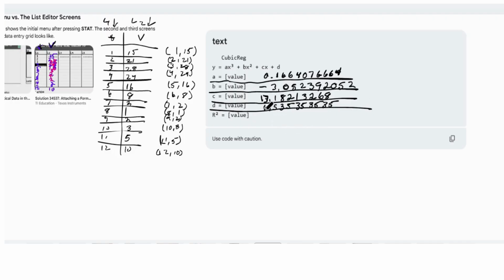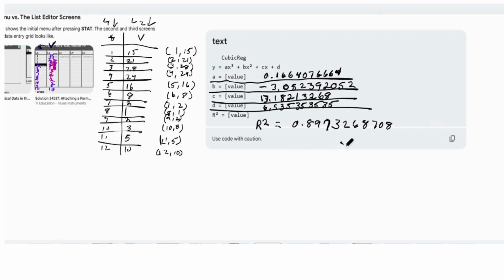And for the R squared value, it equals 0.8973268708.